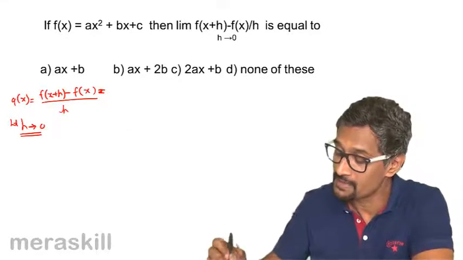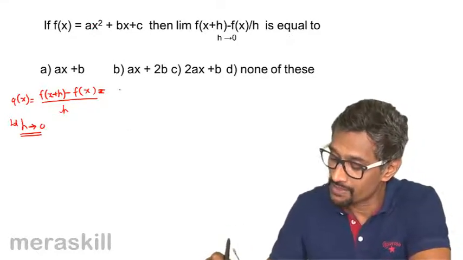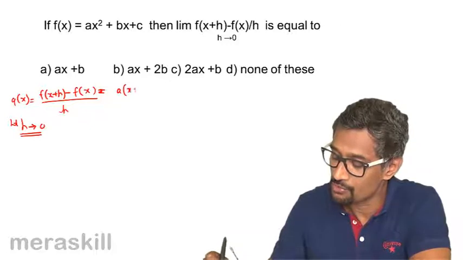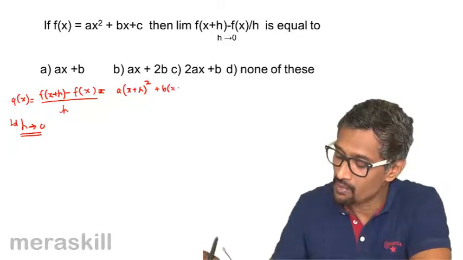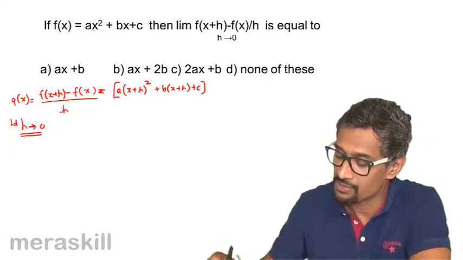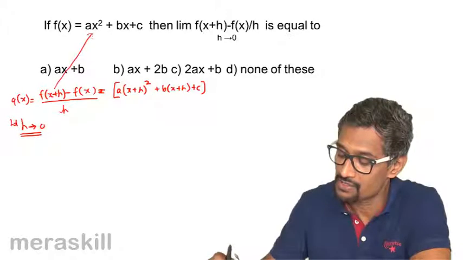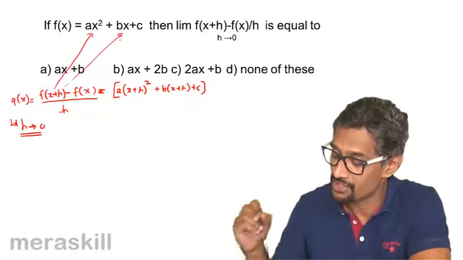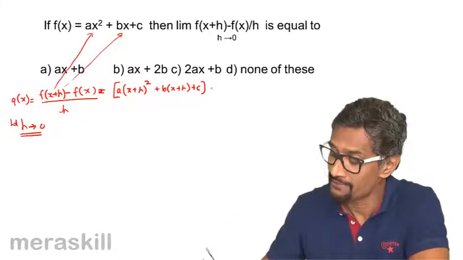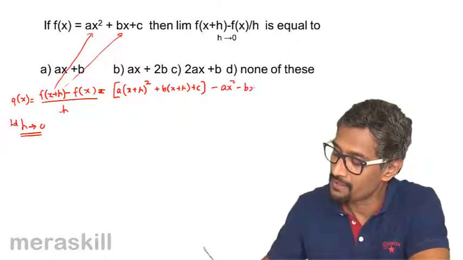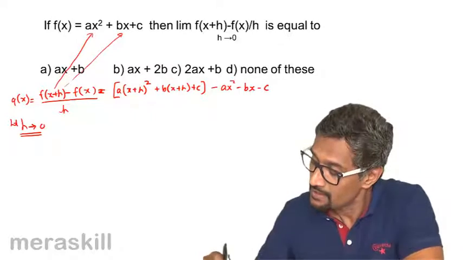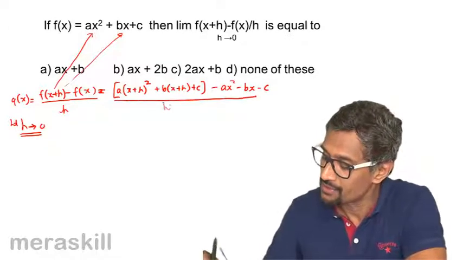What is f of x plus h? F of x is this. So wherever there is x, you put x plus h. So a times x plus h the whole square plus b into x plus h plus c. This is f of x plus h because we substituted x plus h here, x plus h here. Minus f of x. Minus f of x is minus ax square minus bx minus c, upon h.